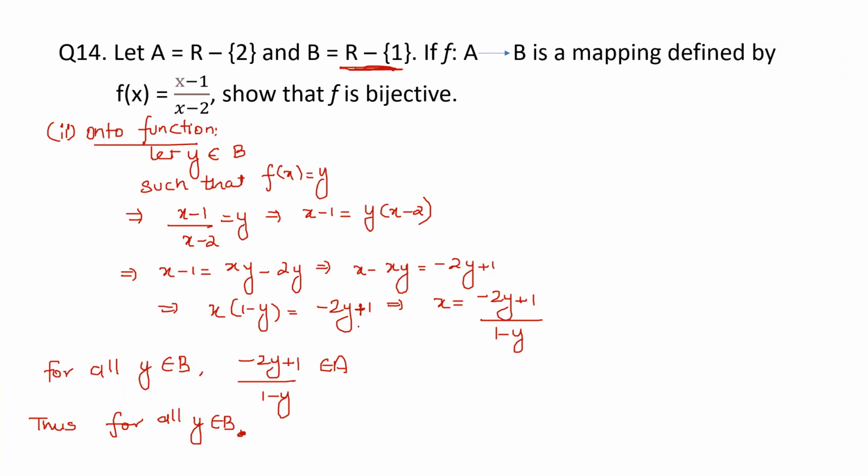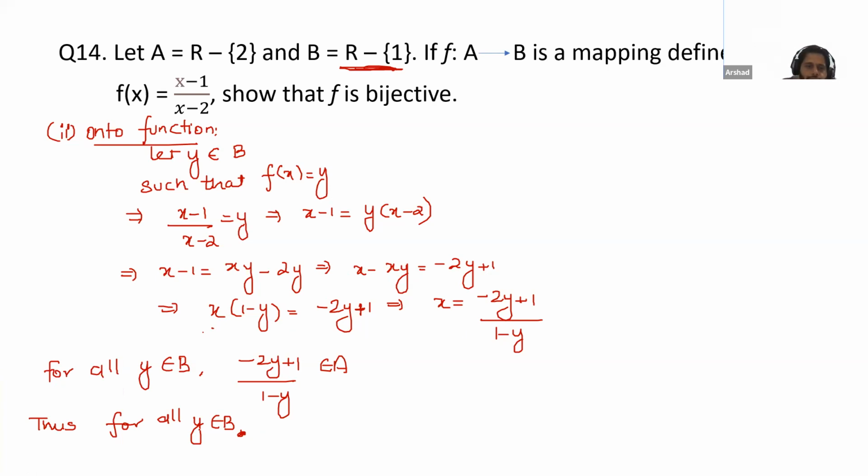Fifth line, 1, 2, 3, 4, 5. This one? Yes, sir. So everything is fine. We have taken x common here, so we get a 1 minus y. Then we have shifted this 1 minus y to the denominator. Okay, yes, I got it.